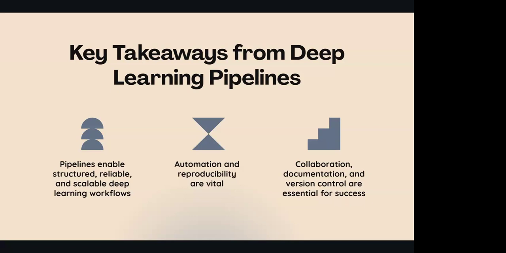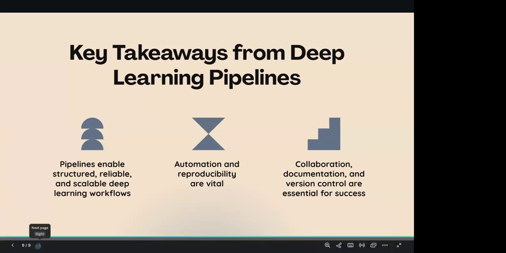Collaboration, documentation, and version control are very essential for success in deep learning pipelines. On a final note, these pipelines will enable you to move away from just writing notebooks to actually deploying actual machine learning systems in production.